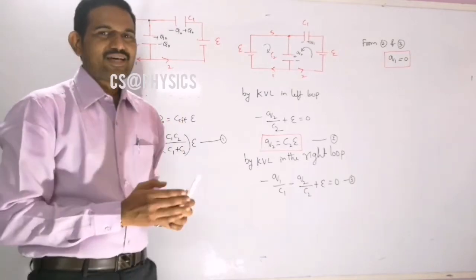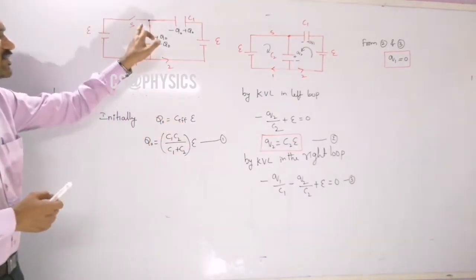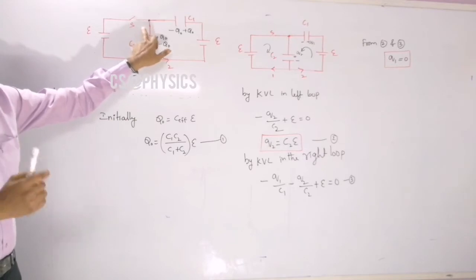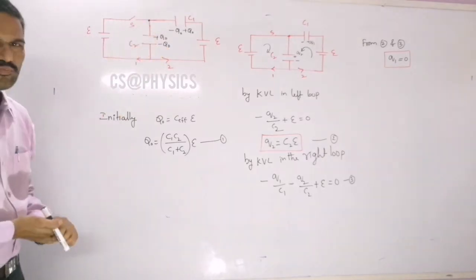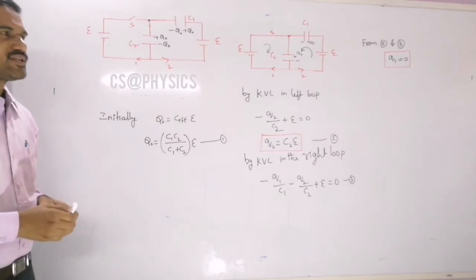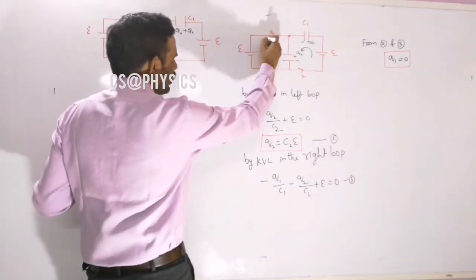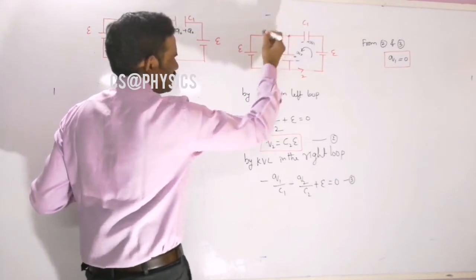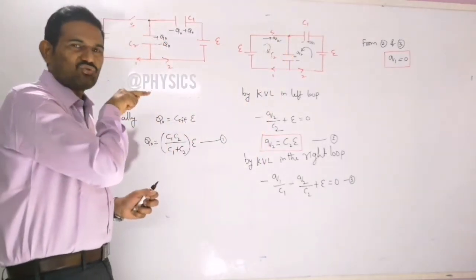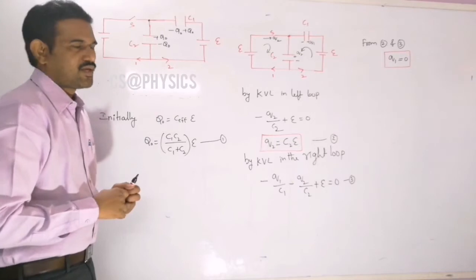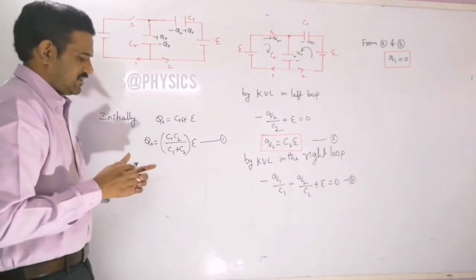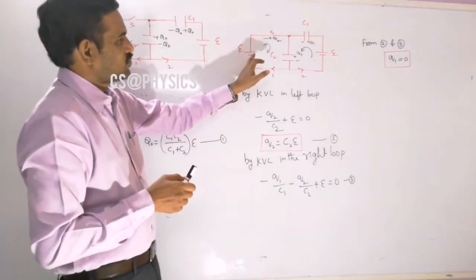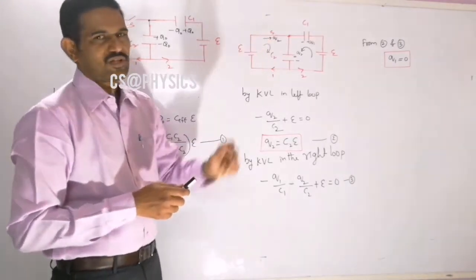Initially the charge on this isolated junction is 0, but finally, once the switch is closed, we are getting some charge Q2. So definitely what we can say is that charge Q2 must flow along this direction only, through the switch. That means plus Q2 charge is coming out of the positive terminal.